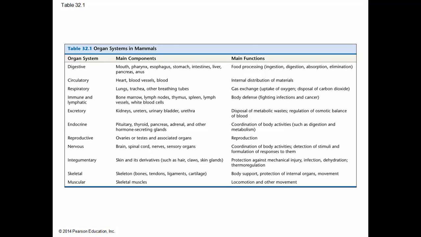But these are all these different systems: digestive system, circulatory system, respiratory system, immune and lymphatic system, excretory system, endocrine system, reproductive system, nervous system, integumentary system, skeletal system, and muscular system. These are all different organ systems within vertebrates in general and mammals in particular.